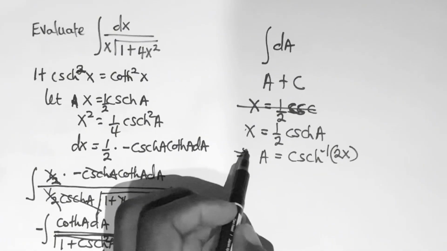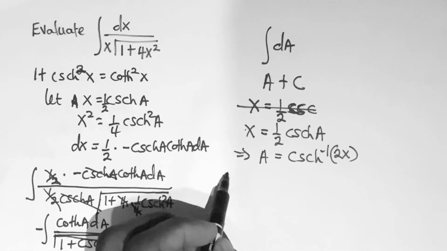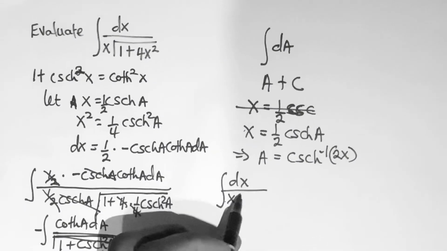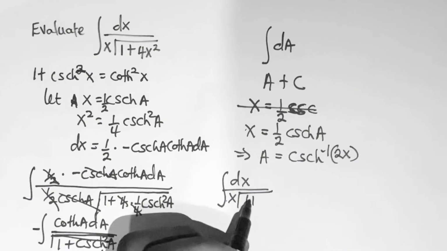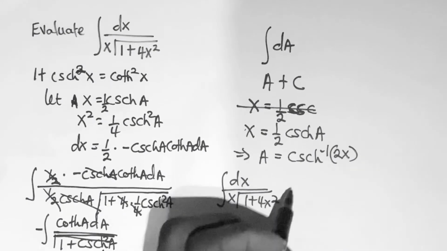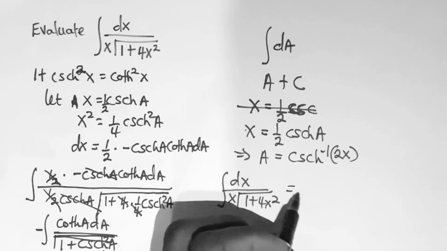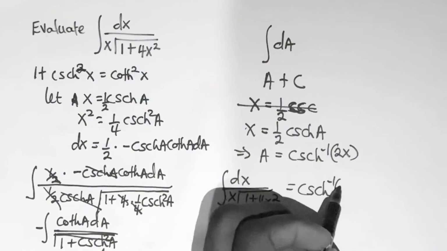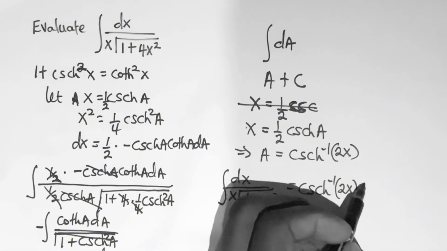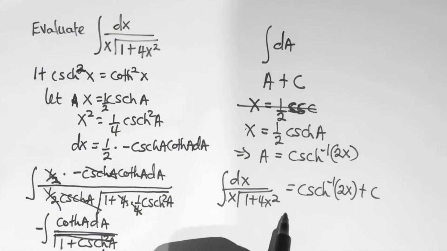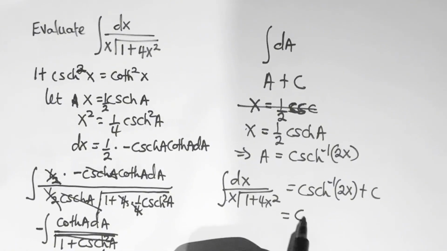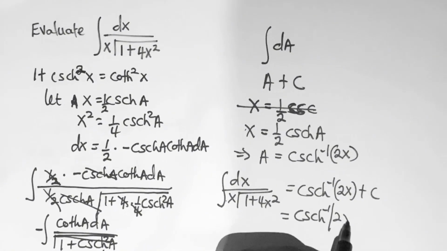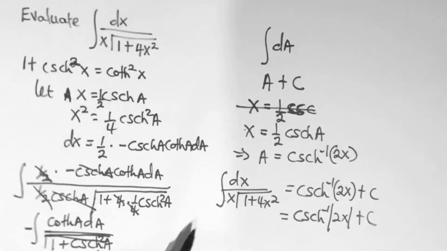So therefore, the integral of dx divided by x square root of 1 plus 4x squared is equal to a, which is cosech inverse of 2x plus c. I would like to write this as cosech inverse of the absolute value of 2x plus c.